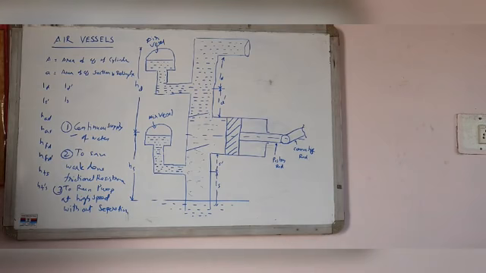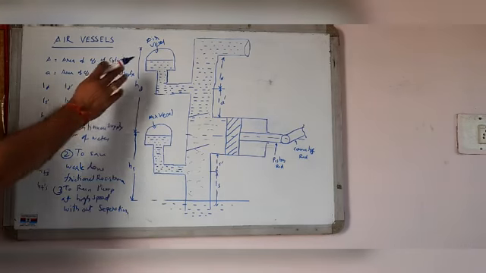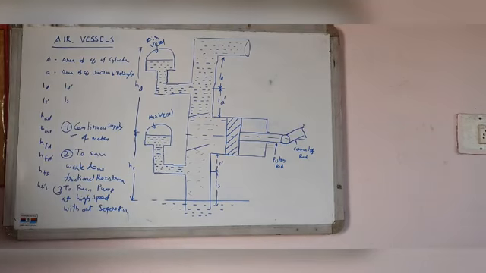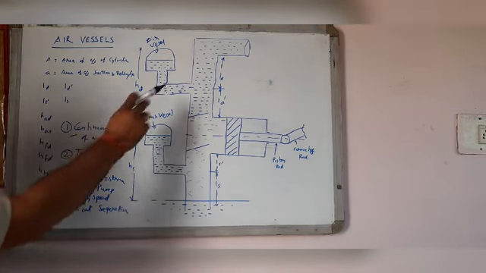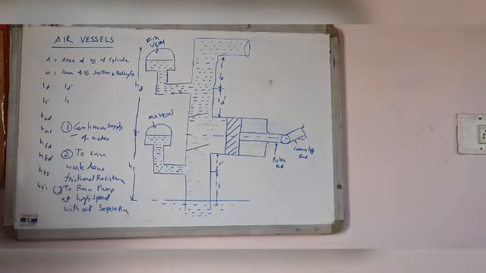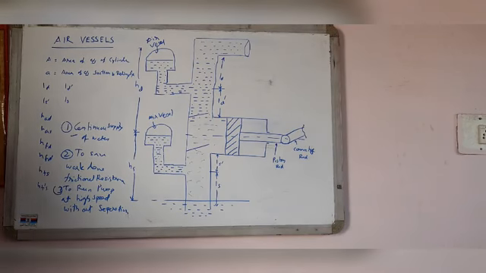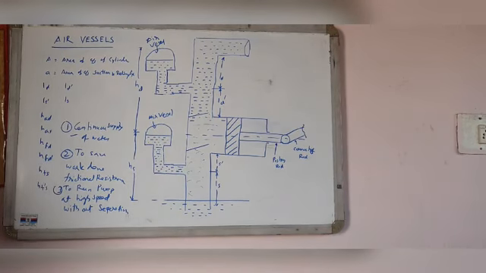HFD is the loss of head due to friction in the delivery pipe beyond the air vessel, and HFD dash is the loss due to friction in the delivery pipe between the cylinder and the air vessel. HFS is the loss of head due to friction in the suction pipe below the air vessel, and HFS dash is the loss of head due to friction in the suction pipe between the cylinder and the air vessel.